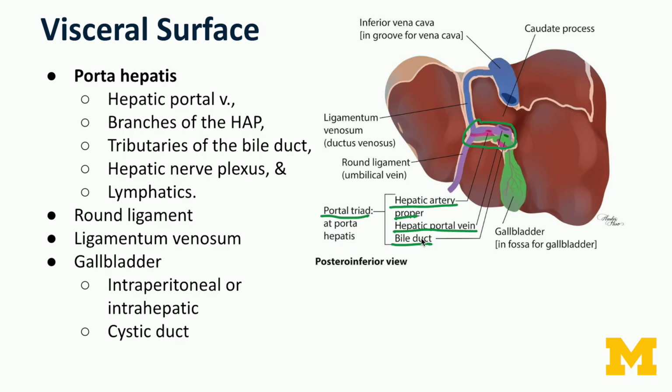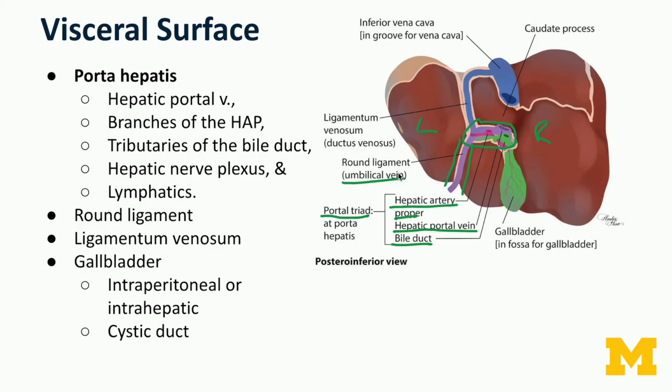Adjacent to that is the round ligament, which we can see here, separating left from right lobe. That round ligament is an embryonic vestige of the umbilical vein that would carry richly oxygenated blood from the umbilicus that's coming from the placenta up to the fetal heart.